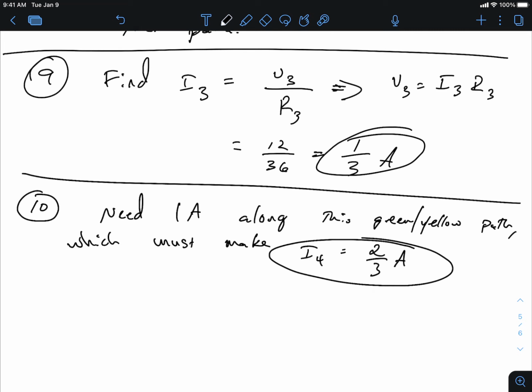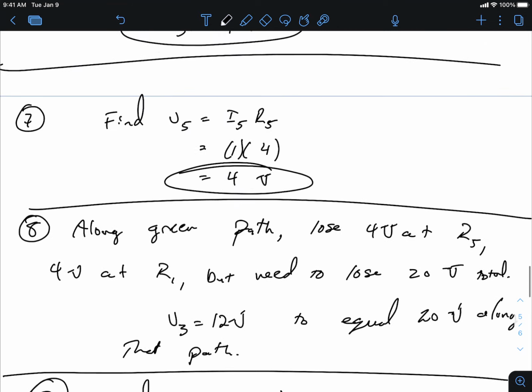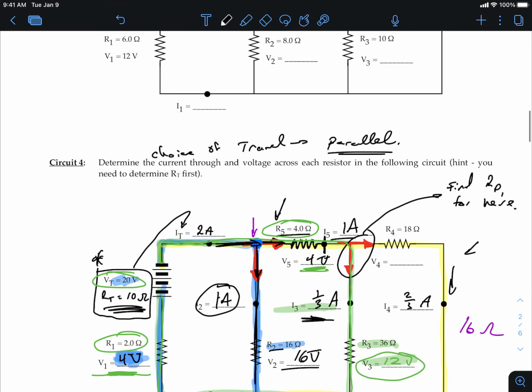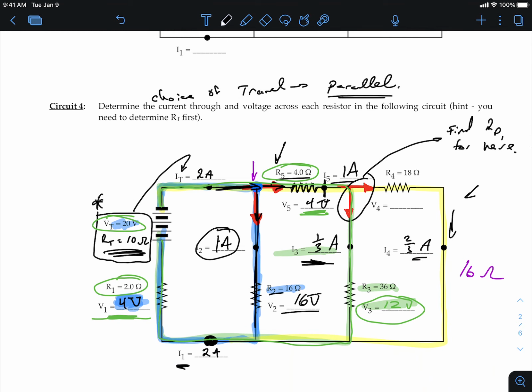And the last step, and ultimately the very last thing that you need to figure out, is once you know that that is 2/3 of an amp, you can find what V4 is, and every piece of information on this circuit, despite it being very complicated, has been filled in. Okay?